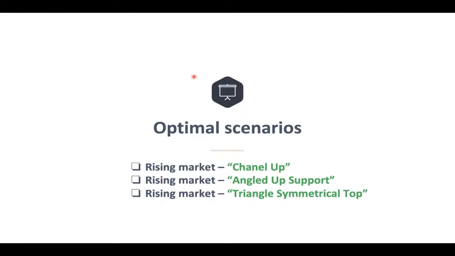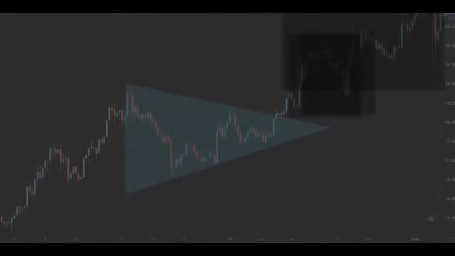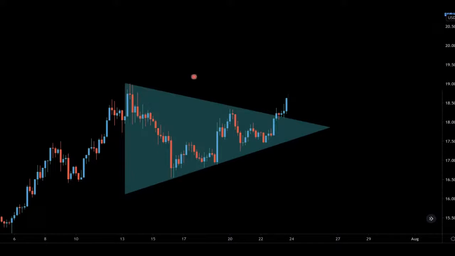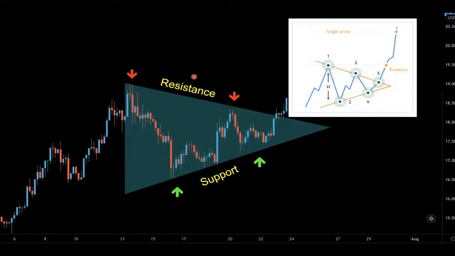So the third one is a triangle symmetrical top pattern. It is formed when the price of a cryptocurrency fails to retest a high or low, and ultimately it forms two narrowing trend lines. In this case, the price is expected to move up or down past the triangle depending on which line is broken first.